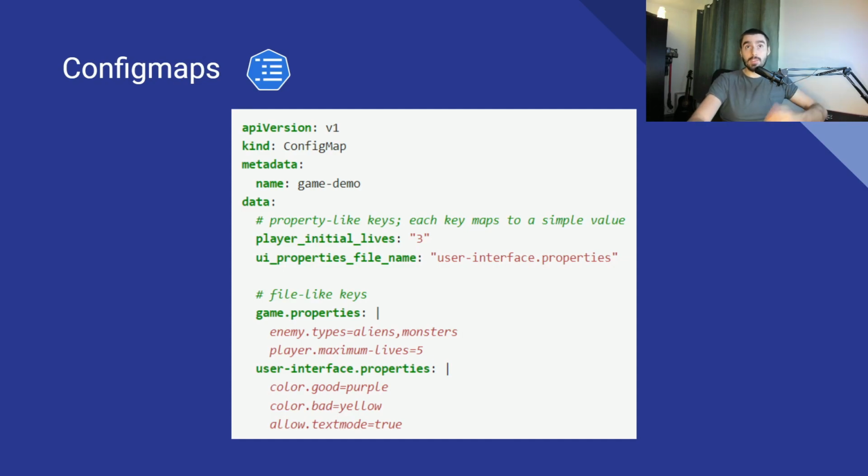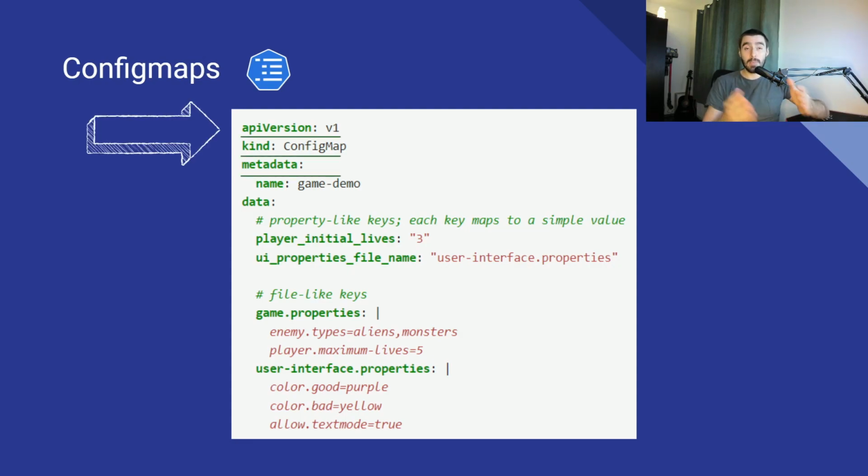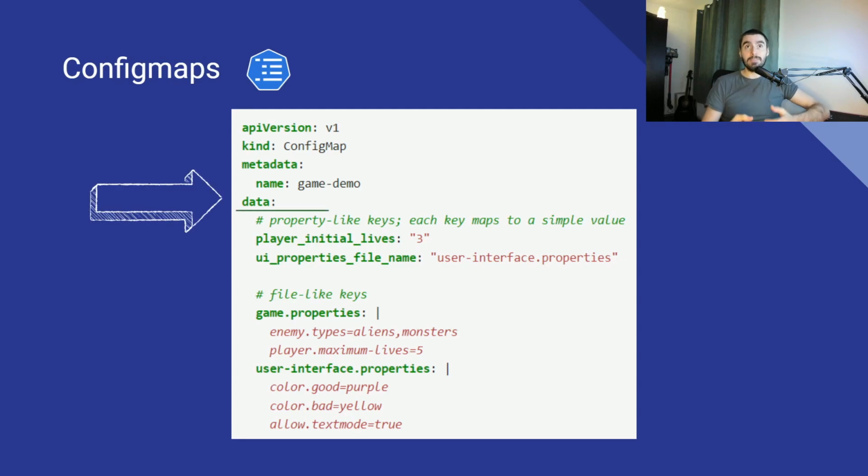If we look at this object, which I actually extracted from the official documentation, you will see that it has three identical fields as all the other objects we've discussed so far, like pods, services, deployments. They all have the API version, the kind, and the metadata fields. But config maps and secrets have data or binary data, the fourth field, instead of spec, as for the other objects we talked about before.